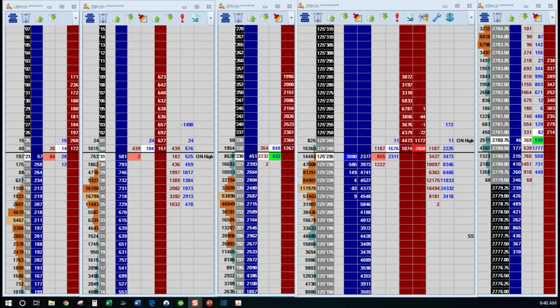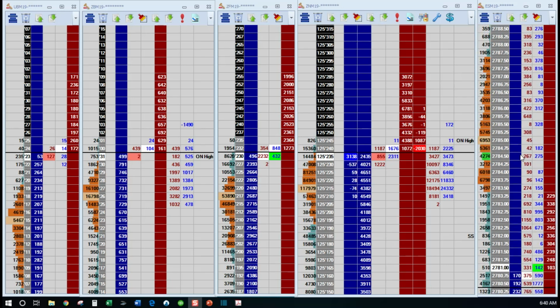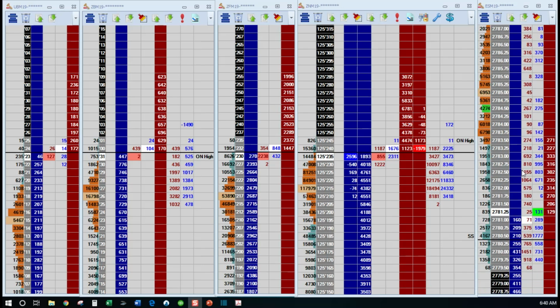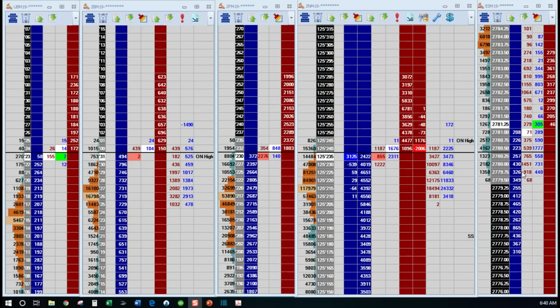Starting to get a little bit of volume print over here. The ES has been fairly volatile in the first 10 minutes of the cash open. They're trying to sell it down. Starting to develop a little bit of volume here in the ES, which could indicate that buyers are stepping in and trying to prop this thing up.